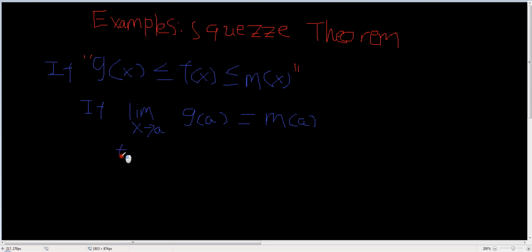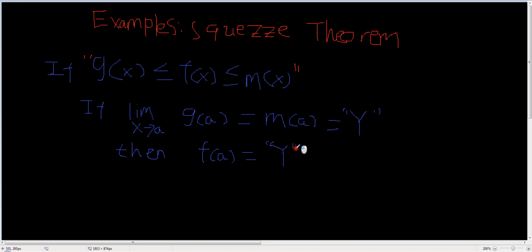Then f of a must be the same as those two. Let's say g of a equals m of a is the value y. It's the point y. Then f of a must equal y too.